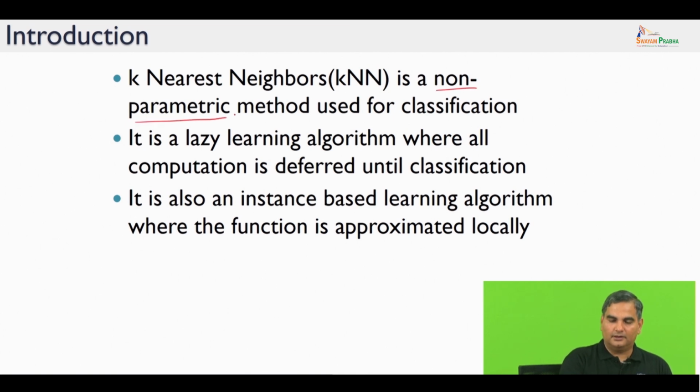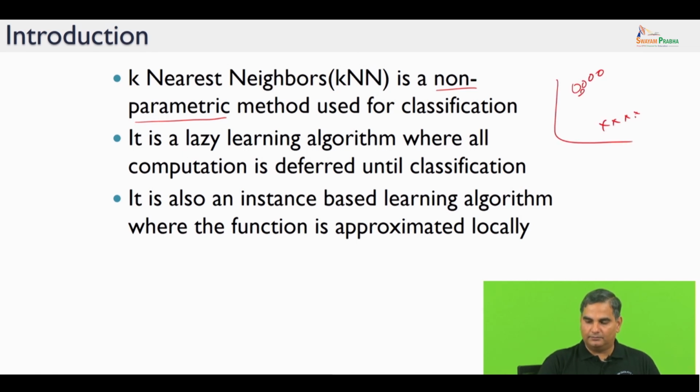non-parametric means. Remember, when we looked at logistic regression, for example, we said let us say there is data like this, and we are going to use the trained data to develop a hyperplane of this form: beta naught plus beta 11 x1 plus beta 12 x2 in the 2D case.